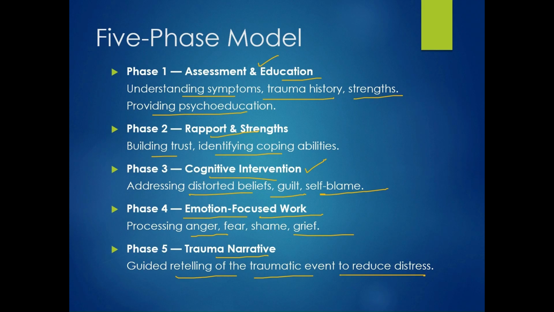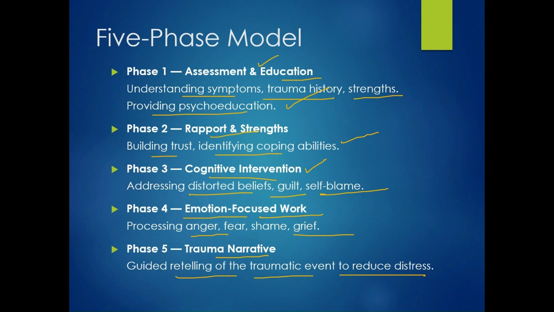So in the first step, the psychologist listens to the person, understands what the person is going through, what the person's thought processes are, and tries to help them, give them psychoeducation. Secondly, the psychologist builds rapport and trust with the person and helps in identifying their strengths or coping abilities.